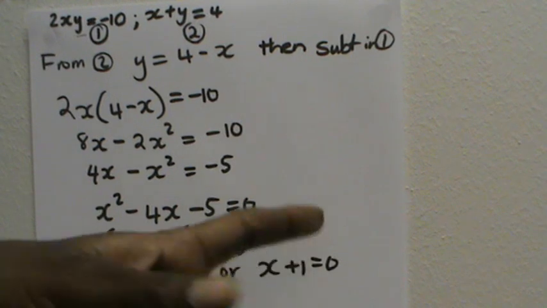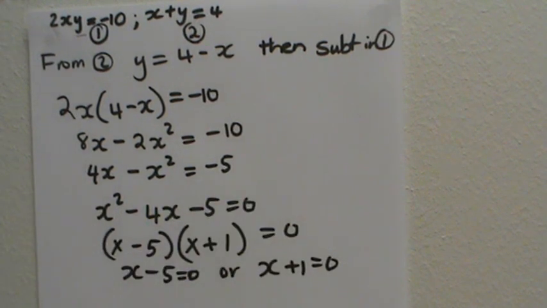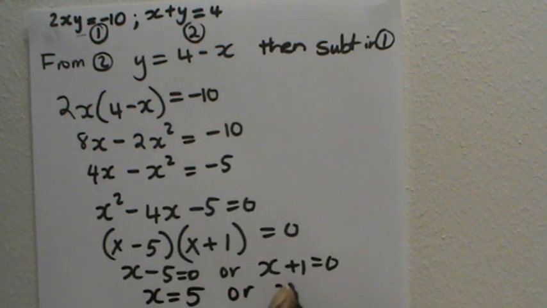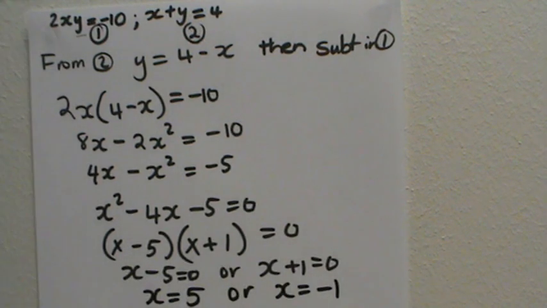If this number here was 1, if I multiply two numbers and the answer is 1, it doesn't mean the first one is 1 or the second one is 1. You can have 2 times half. 2 times half is 1, but 2 is not 1 and half is not 1. But with a 0, that one is a fact. One of them at least must be 0. So when I solve that, I will have x is equal to 5, or x is equal to -1.